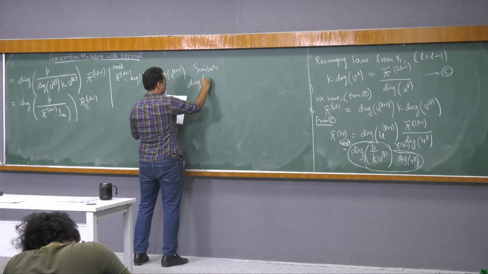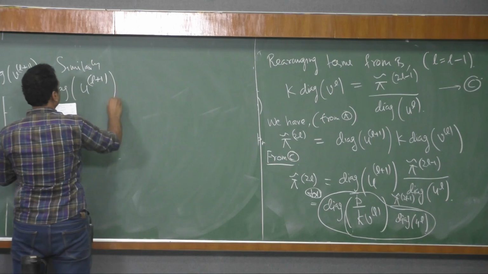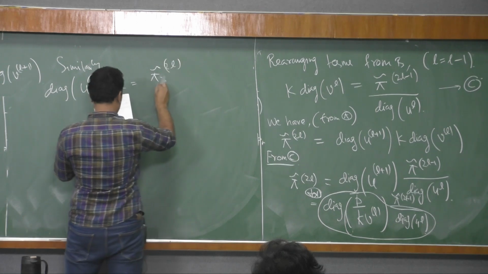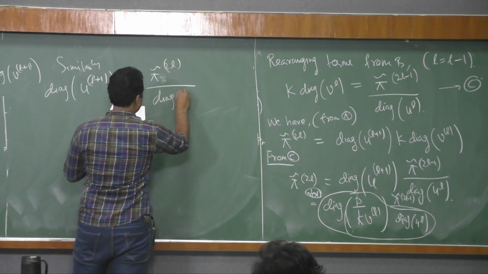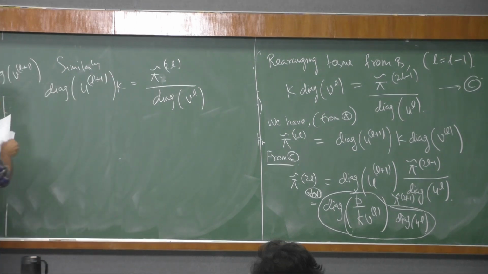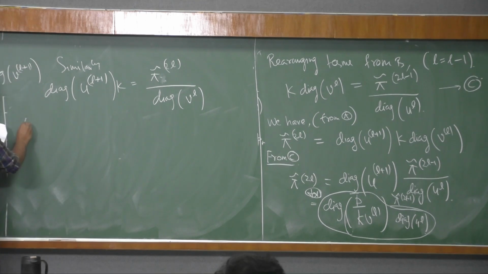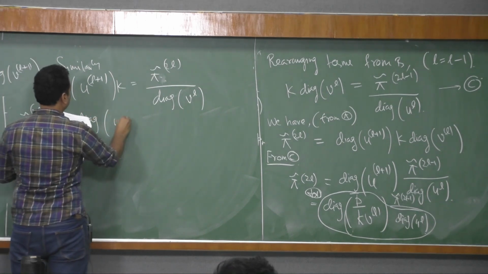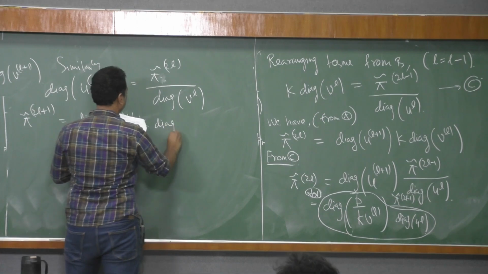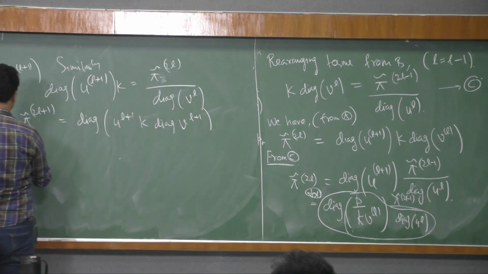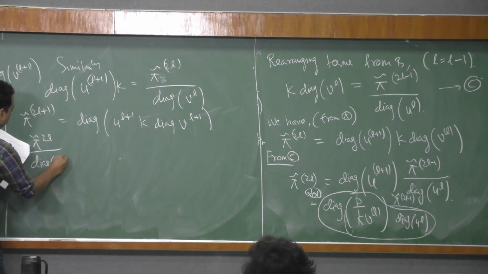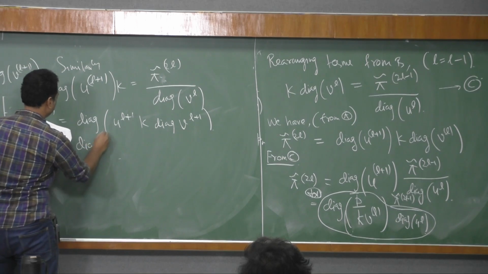diag of u_{l+1} k is pi tilde 2l by diag of v_l, and this becomes pi tilde 2l plus 1 is diag of u_{l+1} k diag of v_{l+1}, and this implies pi tilde 2l by diag of v_l diag of q.